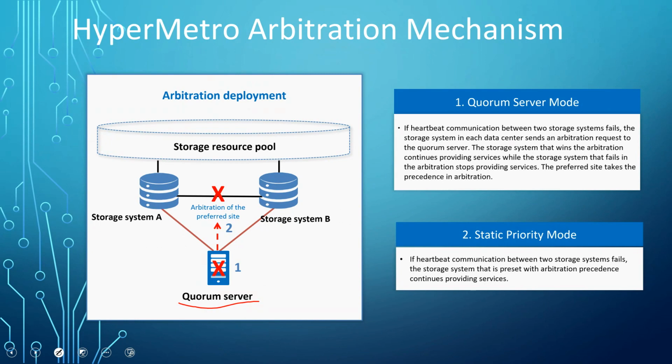The recommendation is to have a Quorum server on a third-party site. If there's an issue with the data center and the Quorum server is installed in that data center, it will not be a good idea. But you can use the Quorum server in a cluster as well, so you can have two Quorum servers. That is an option as well.